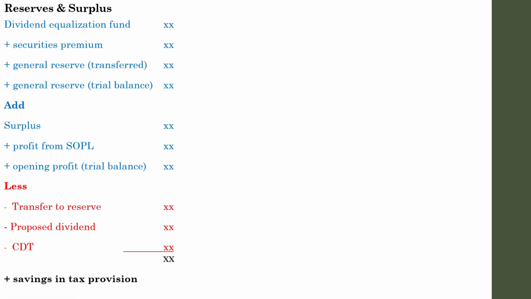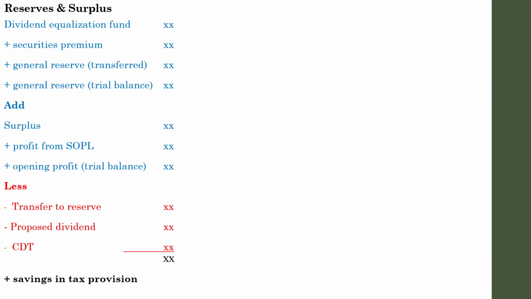It will be very rare, but sometimes you may come across it as an adjustment. That is, the company has made some savings in the tax provisions. If such an item comes in a question, find out the amount given in the question and just add that amount along with the reserves and surplus total. It is a rare case, but anyway, prepare for that.